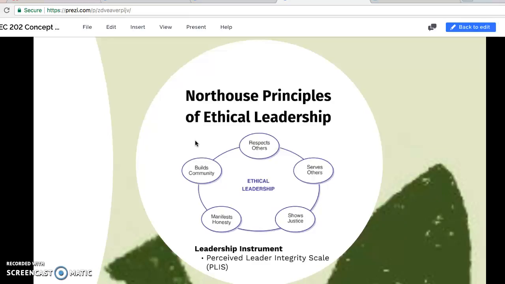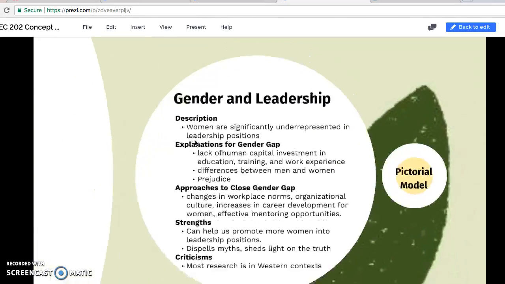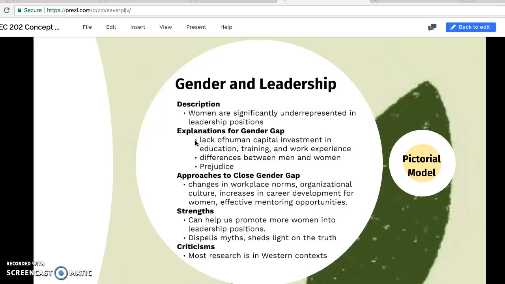Ethical leadership is at the center, with respecting others, serving others, showing justice, manifesting honesty, and building community around it. Gender in leadership. Women are significantly underrepresented in leadership positions today. Explanations for this include lack of human capital investment in education, training, and work experience for women, differences between men and women, and prejudice.